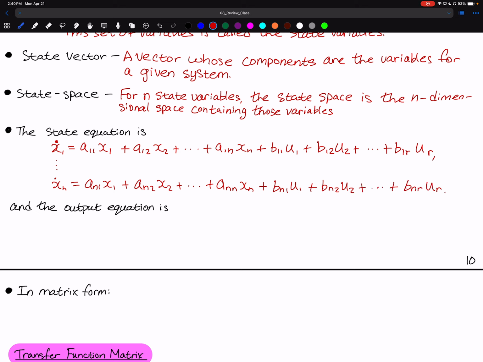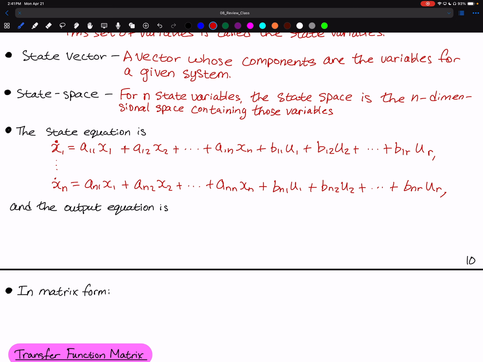That's our set of state equations. So there are n of them. And note here that r is the number of inputs, and that does not have to equal the number of state variables. So you can have more or fewer inputs than the number of state variables.